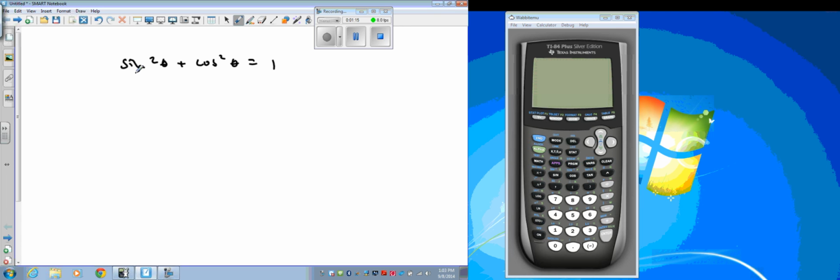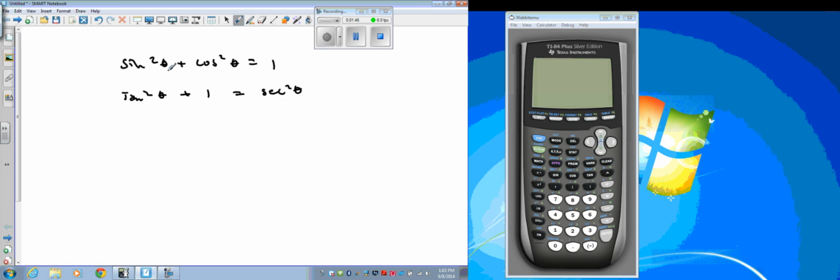And then if you divide this by cosine squared, notice that this value becomes 1, this is 1 over cosine squared, and this is sine squared over cosine squared. You actually get that second identity, tangent squared plus 1 equals, and 1 over the cosine squared is secant, so it's secant squared.